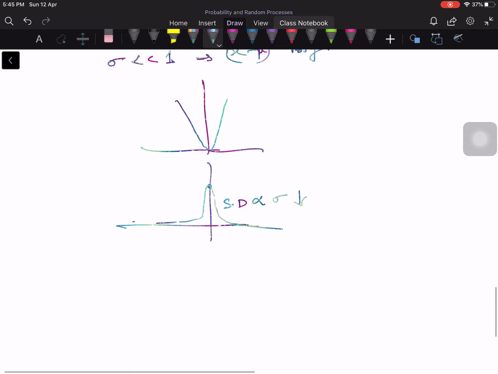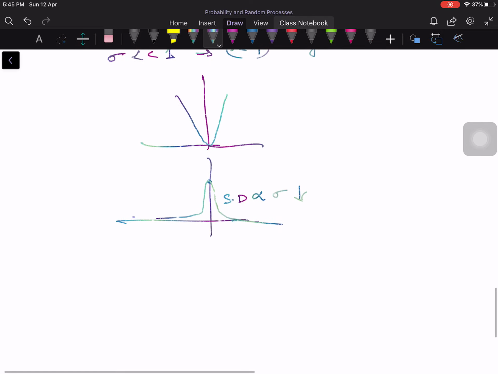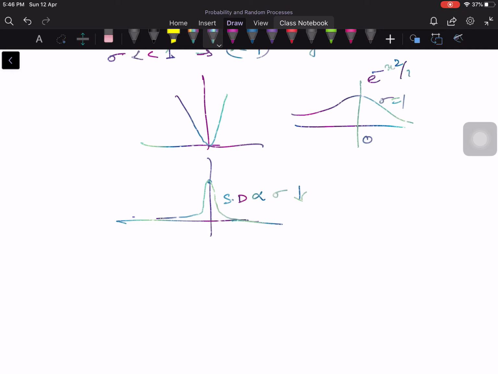So all that we have done here to create a general normal with a given mean and variance is take this normal distribution with sigma equal to 1 and center 0, which is e power minus x square by 2, and scale it by a factor of sigma.